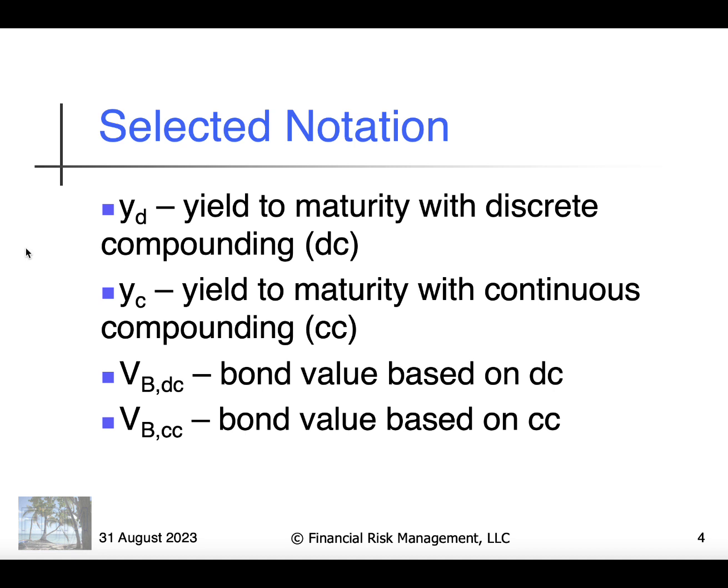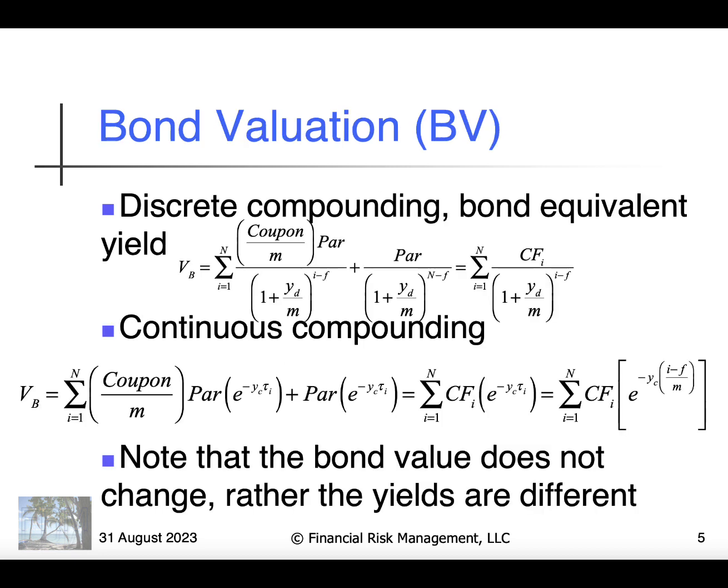I have found in different analytic work, it's easier to deal with continuous compounding than it is discrete. You can always report final answers based on discrete compounding, but you can do your analysis with continuous compounding. It's just worth knowing there's different ways to express the yield.